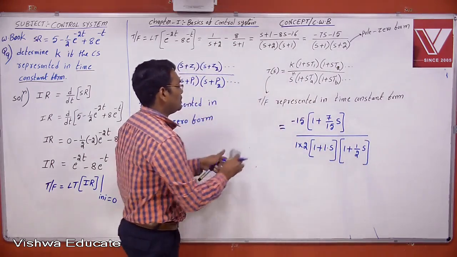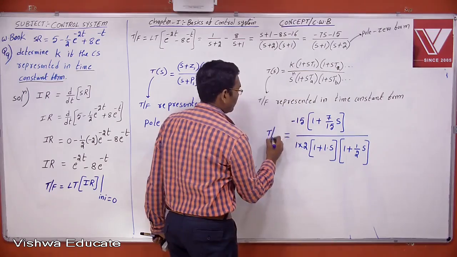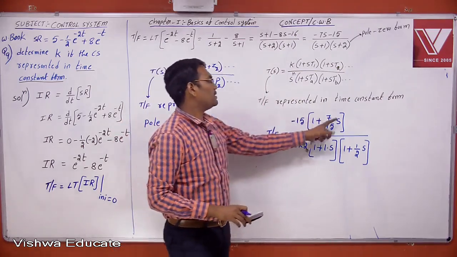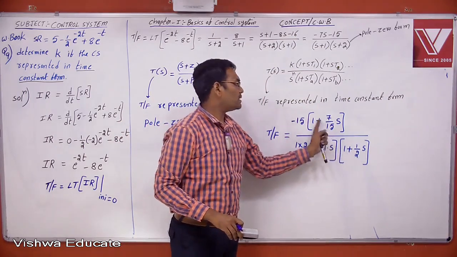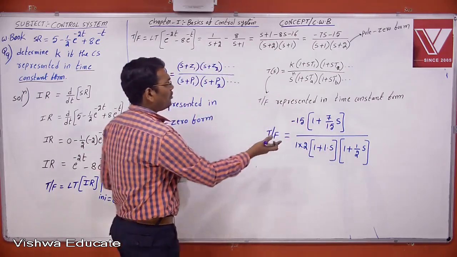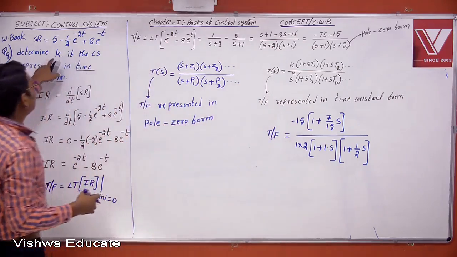Now this is the transfer function. Now you compare: 1 plus st1, 1 plus sta, 1 plus stb. This is nothing but 1 plus st, the time constant form. Now your transfer function is in time constant form, so compare and find the system gain k.